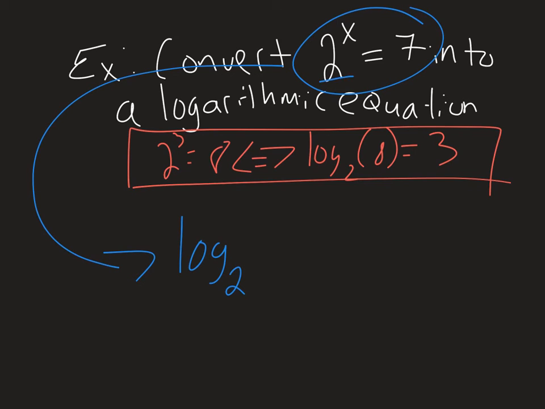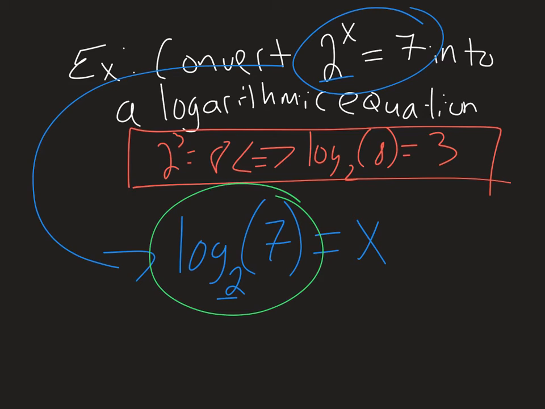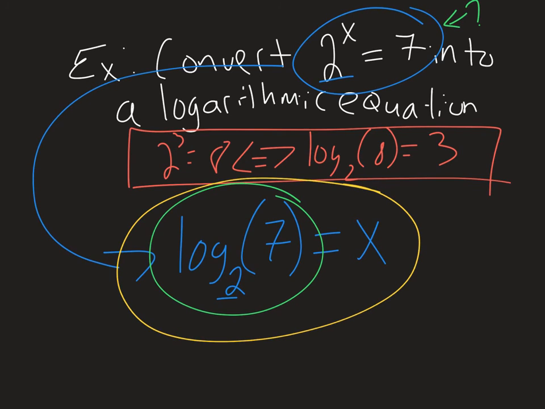The bases are the same, so we have to keep that. Then instead of putting 8 in here, I'm going to put 7, just following my example, equals x. We will learn some tricks as to how to evaluate this expression. It's actually very doable, as opposed to the exponential equation, where I don't necessarily know what to do. But for now, all we're worried about is the conversion. So this is finished at this point.